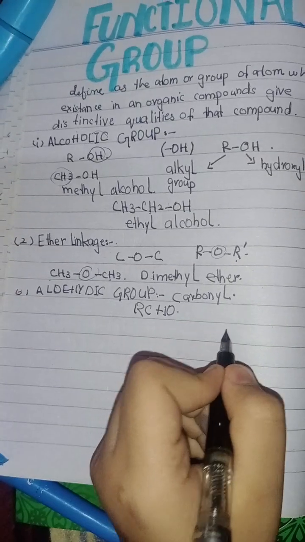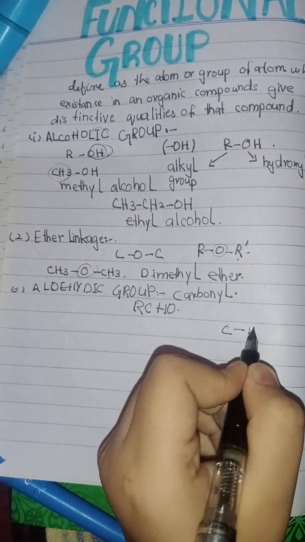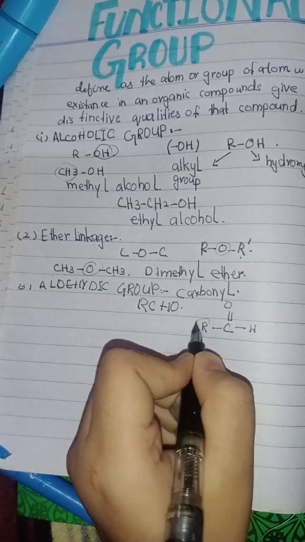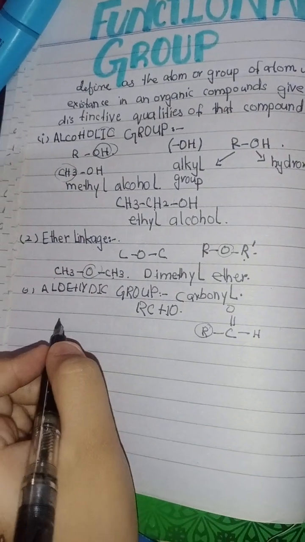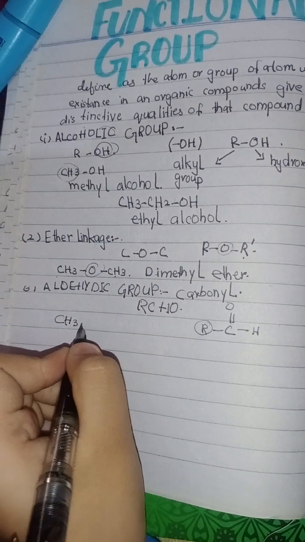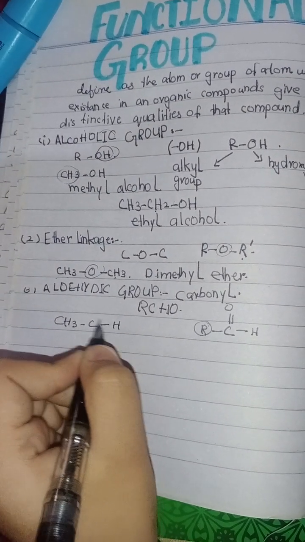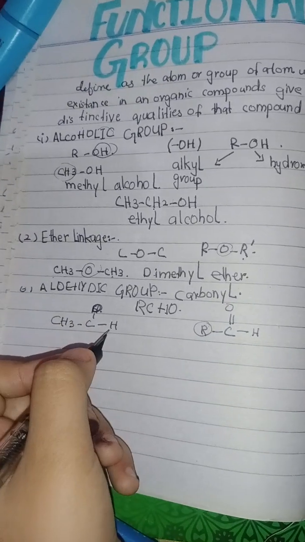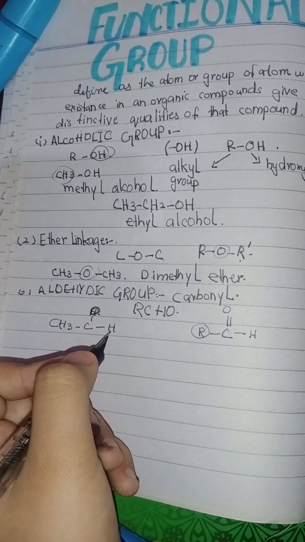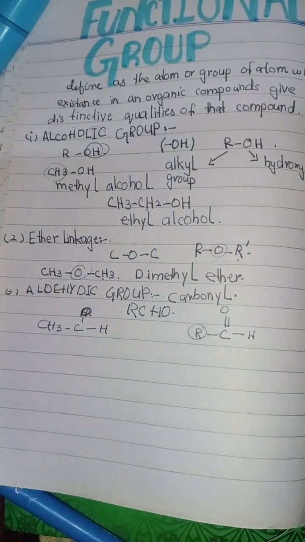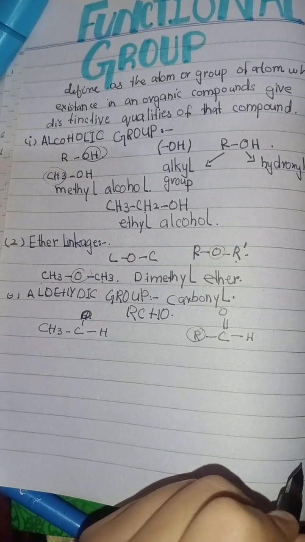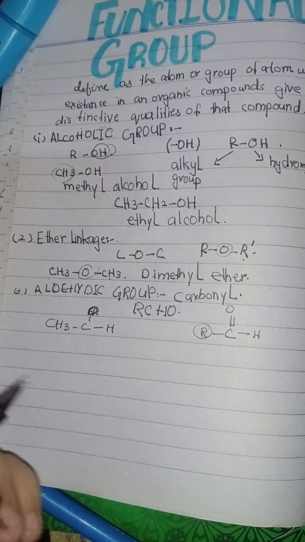It is written like this. Here we have to put any alkyl group. So here I am putting methyl. So what is this? This is methyl aldehyde.